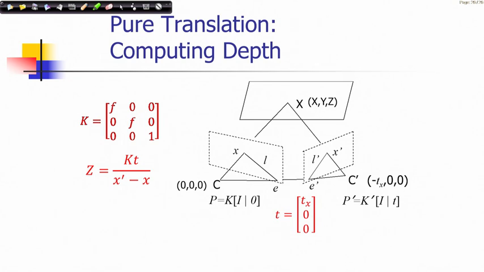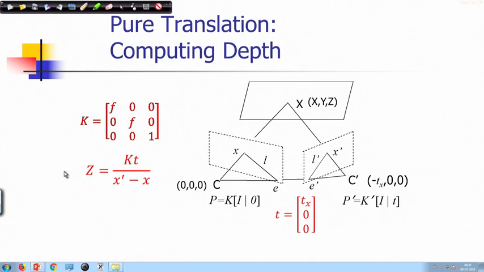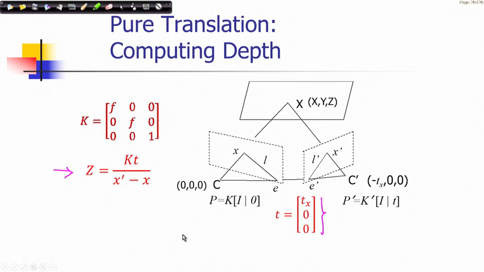There is no skew, and under this situation you have a very simple calibration matrix. So, z equals K t by x prime minus x, where t is given by this column vector, would be simplified as z equals f t x over x prime minus x.